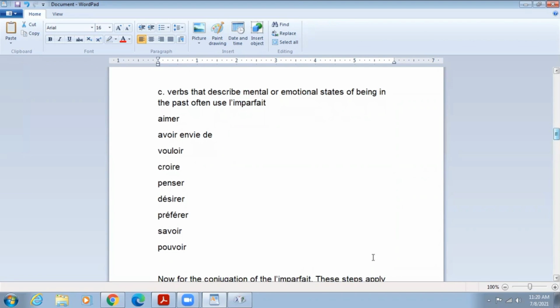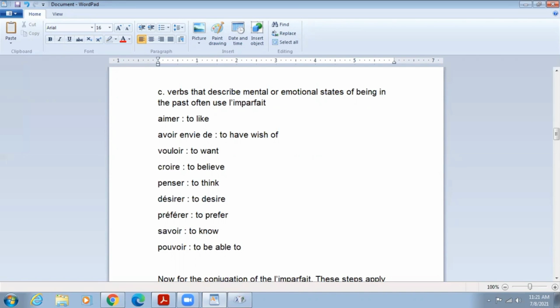Obviously we can use other verbs also, but these are the verbs that normally describe the mental and emotional state of a person: aimer, to like; avoir envie de, to have a wish of; vouloir, to want; croire, to believe; penser, to think; désirer, to desire; préférer, to prefer; savoir, to know; pouvoir, to be able to.